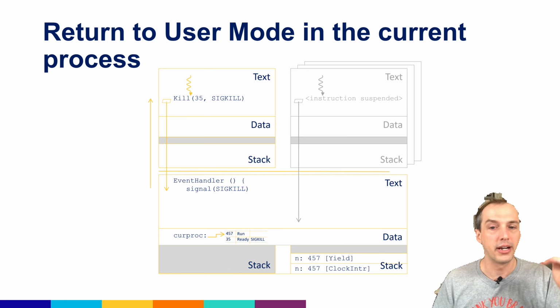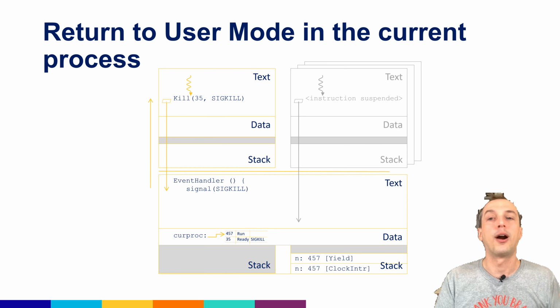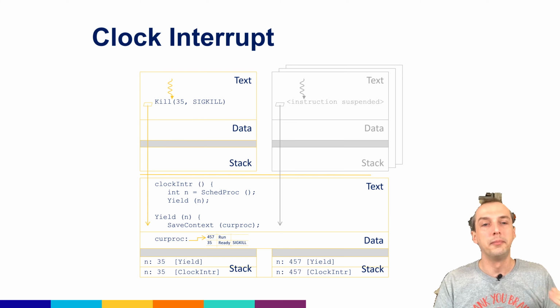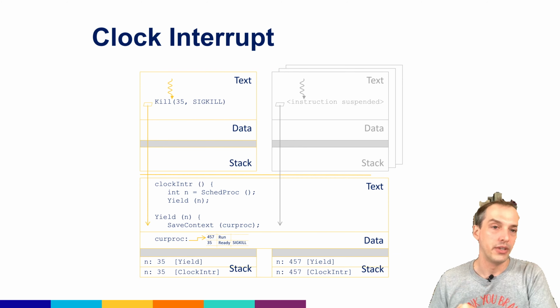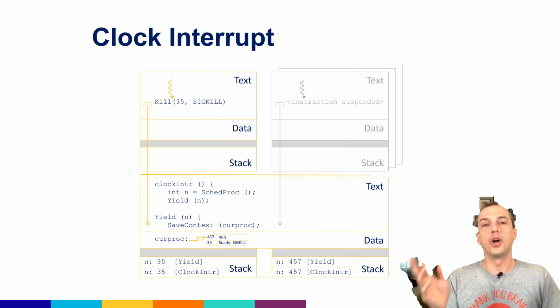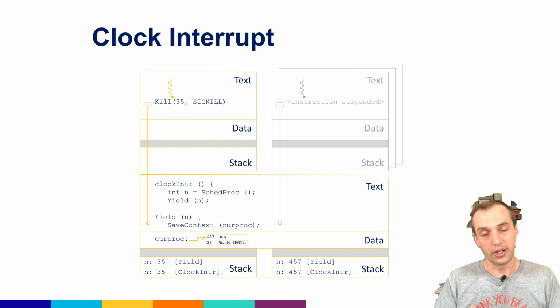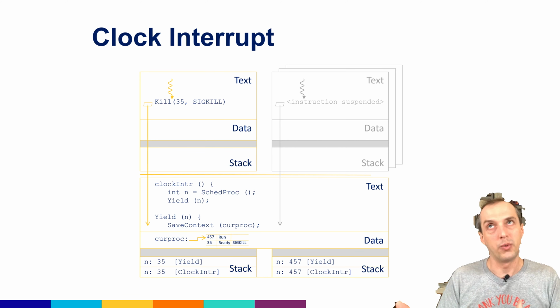So it does all that work, and then eventually the other process, 35, will be switched to. Eventually the kernel is going to say, you've used up your time. It's time for me as the kernel to determine which process to run next.